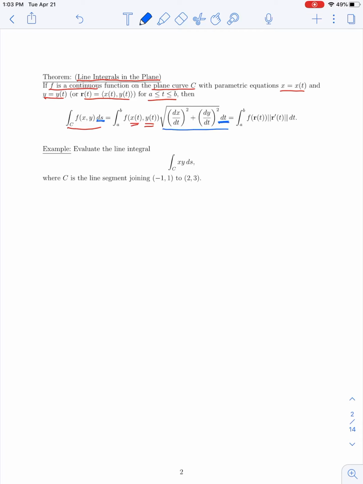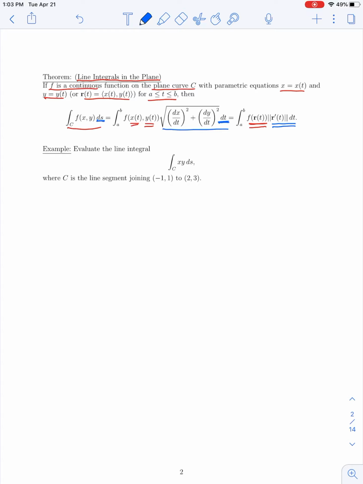Or equivalently, we could write this in a more concise vector form as the integral of our function f, where x and y of t are replaced by the values defined by this vector function, r of t. And then our differential of arc length is given by the magnitude of the derivative of that vector function, r prime, times the differential of t.